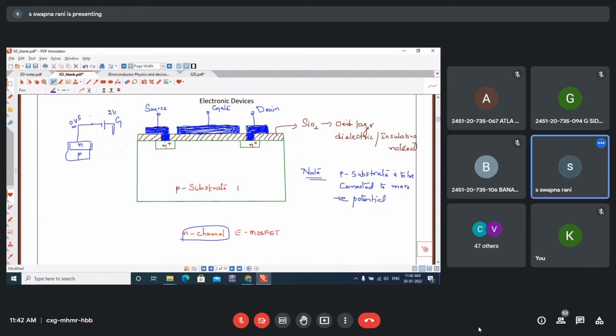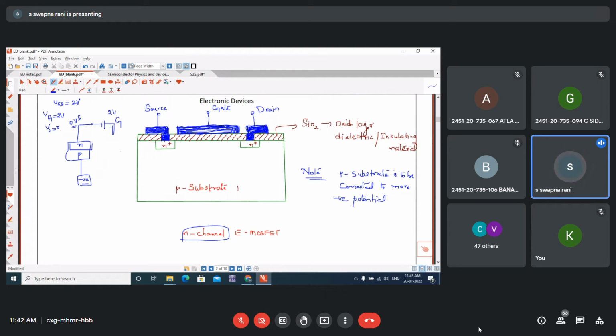So VGS equal to 2 volts means VG is at 2 volts whereas VS is at 0 volts. Now the n type source is at 0 and the p type we need to give to the more negative potential.